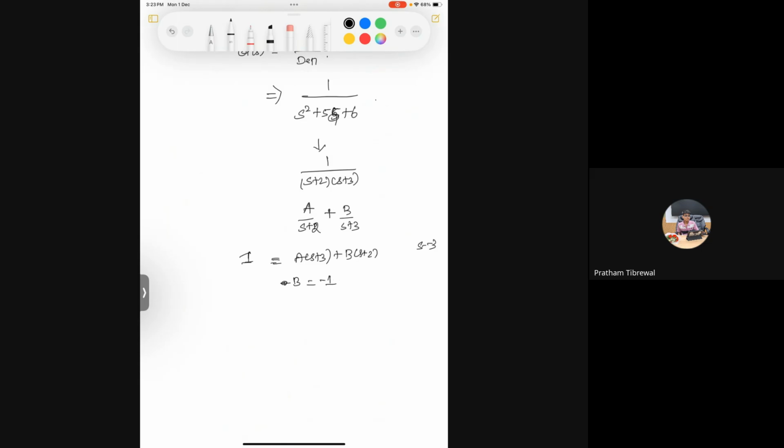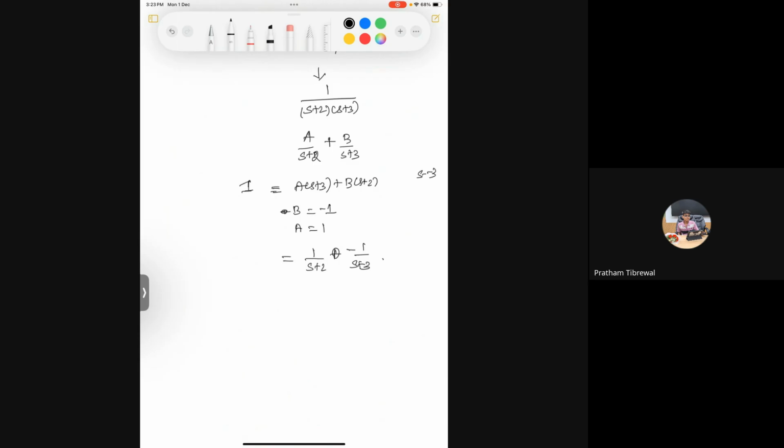S equal to minus 2 means A equal to 1. Then I will get 1 by s plus 2 minus 1 by s plus 3. So this is ready for the time domain representation, right? This is my output, Y of s, in terms of some input I considered.